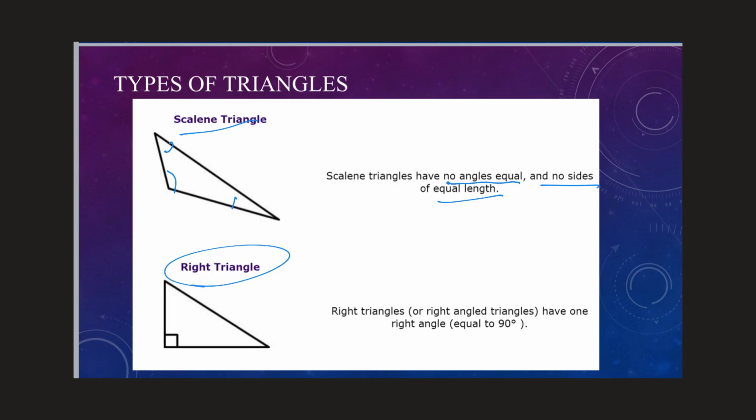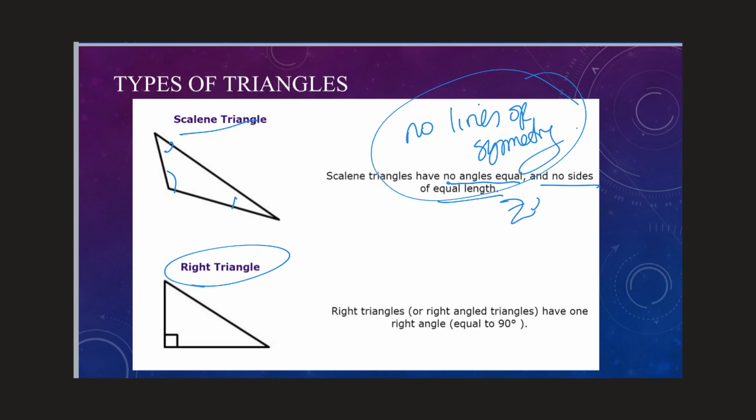So they have no angles equal and no sides of equal length, therefore they have no lines of symmetry. None. Zero. Nada. Alright. So just for this class, no sides of equal length, and I'll show you guys how that's important.